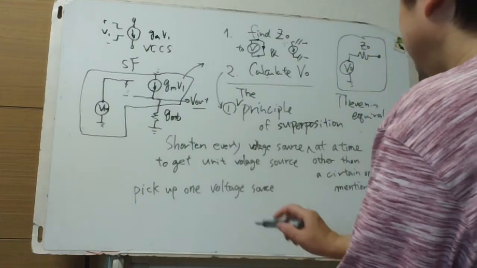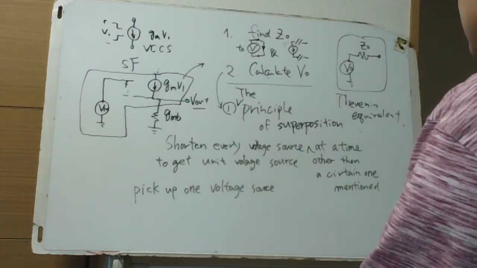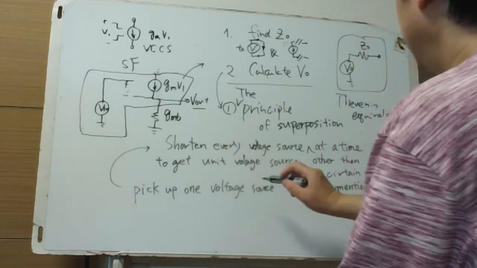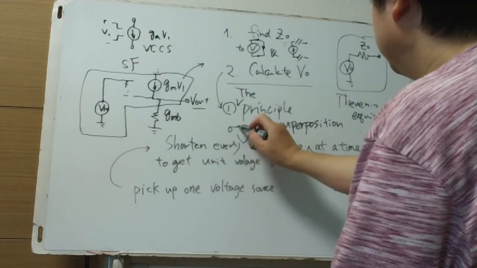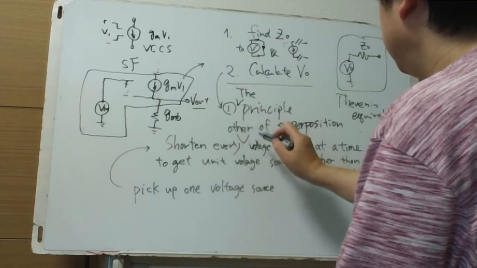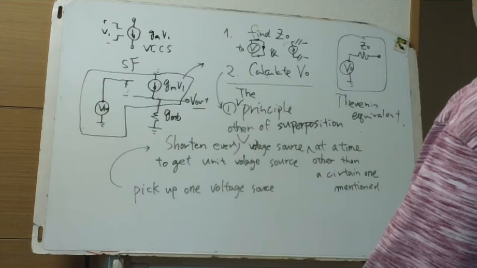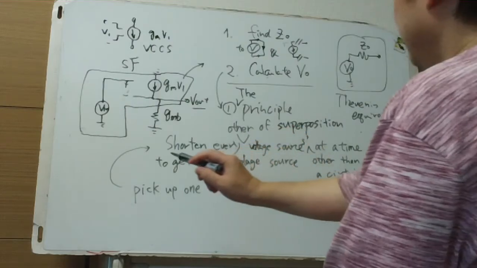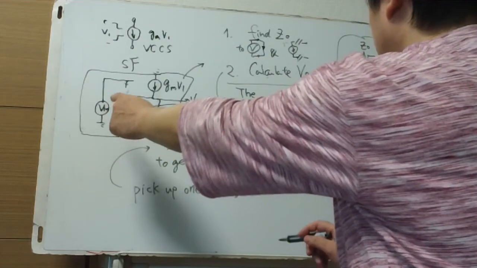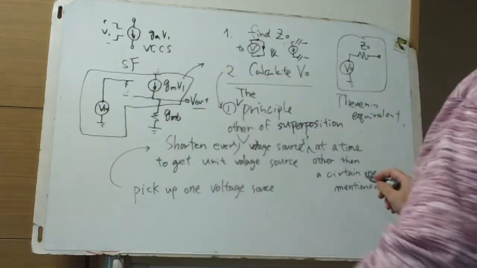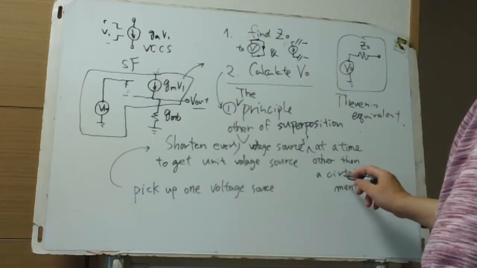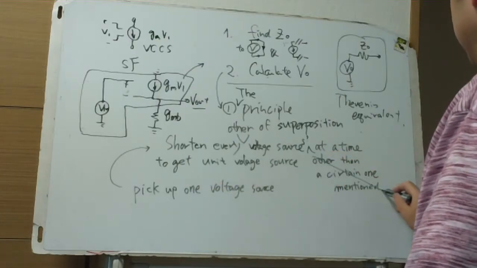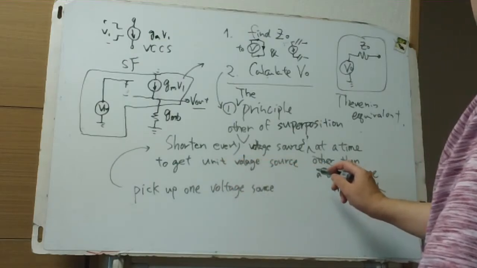Excluding another, shorten every other voltage source. Pick up one voltage source and short every other voltage source at a time, in the circuit, a certain one mentioned, which is this, to get a unit voltage source.